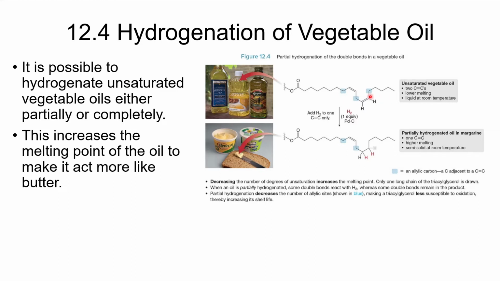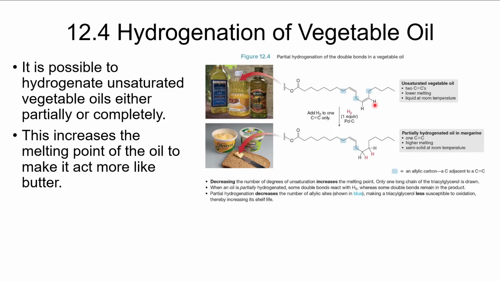And you can either partially hydrogenate it or completely hydrogenate it, depending on how much hydrogen you add. And so one thing about these vegetable oils, the double bonds that are in the fatty acids that are attached to the glycerol, those double bonds are in the cis configuration.